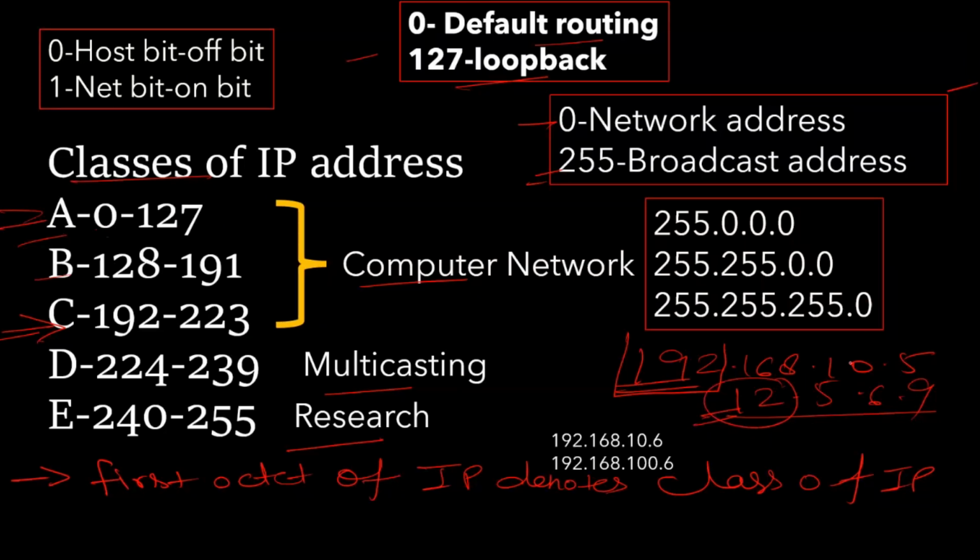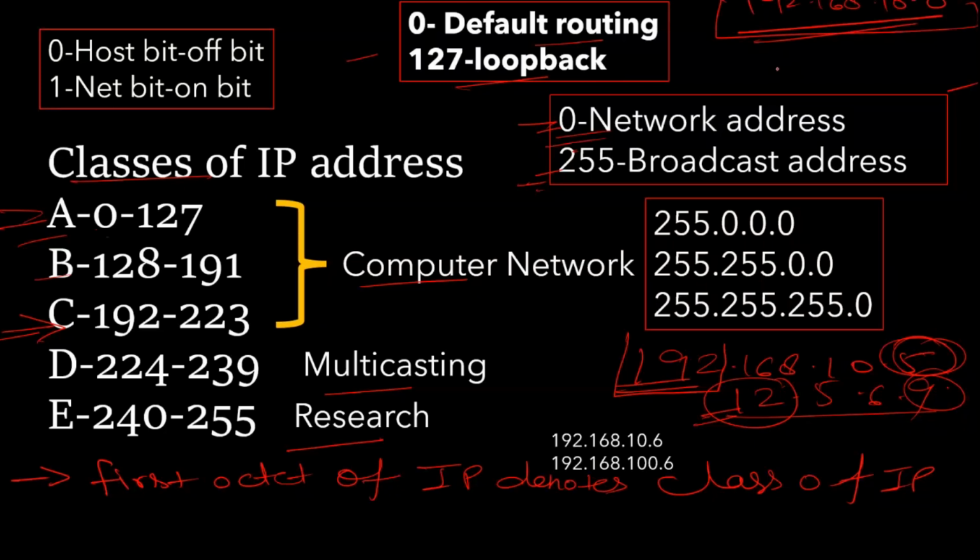But we have one more rule at the last octet. If you see, 0 and 255 are not used. Why? Because 0 is reserved for the network address. If you want to specify the network ID, a whole network, then you can write like this, 192.168.10.0. That means this is the whole network and you can't assign this IP on your computer system.